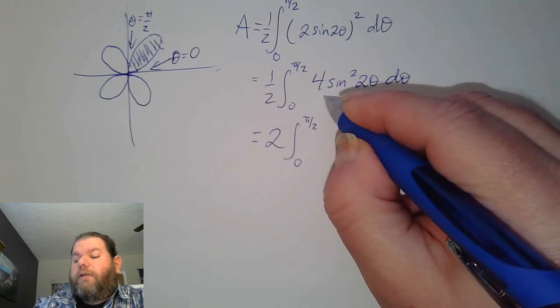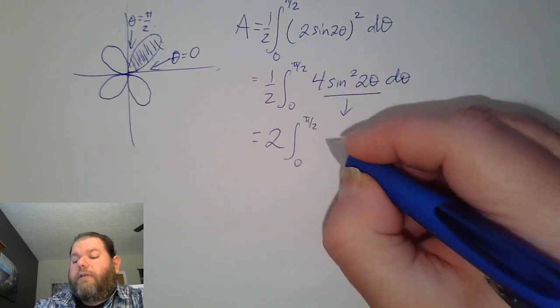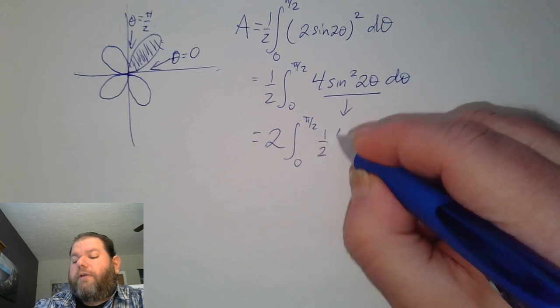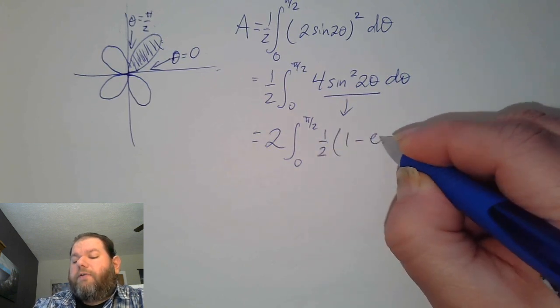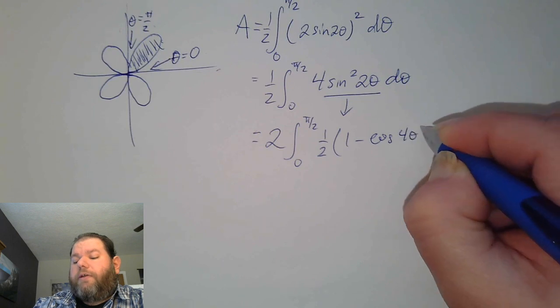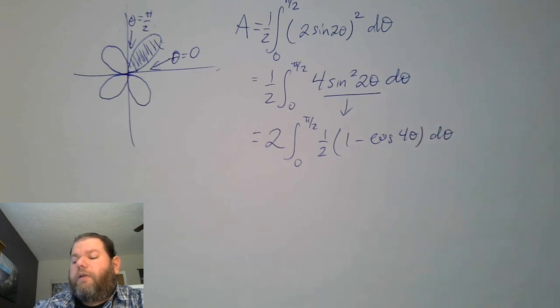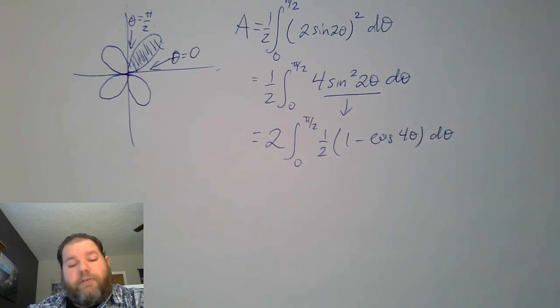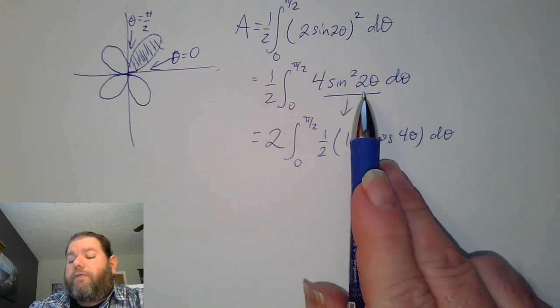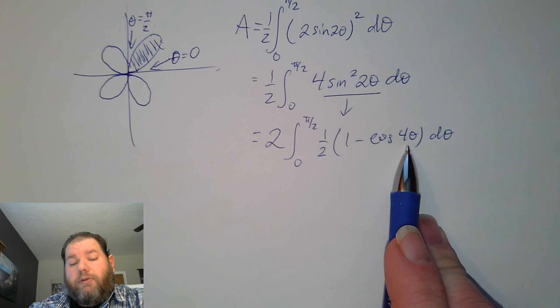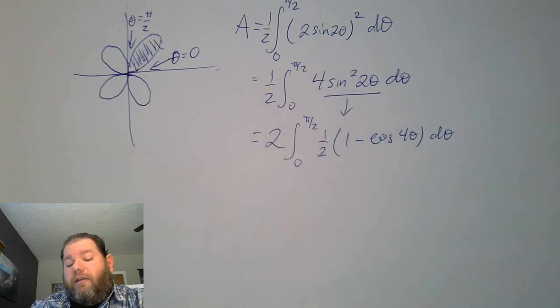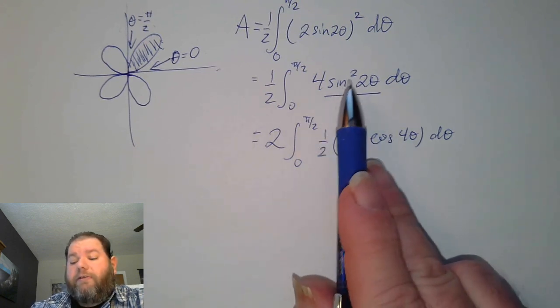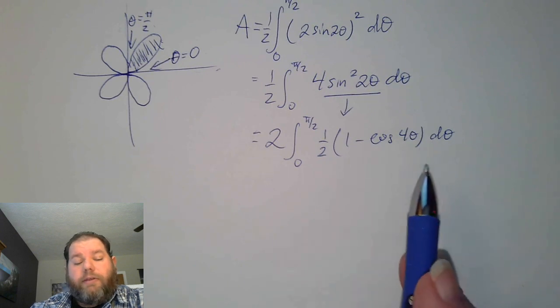And then sine squared of 2 theta, we'll make it into 1/2 times 1 minus cosine of 4 theta. Now, that's our same power reducing identity. What happens is, whatever angle is here ends up being doubled. So we said on the last example we had sine squared of theta, it became cosine 2 theta.